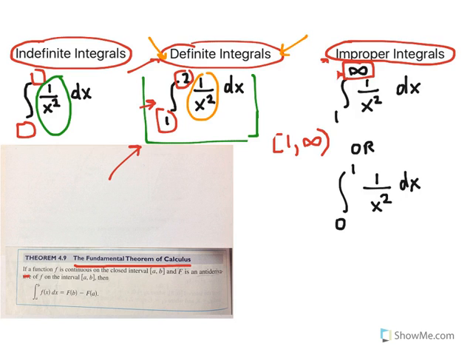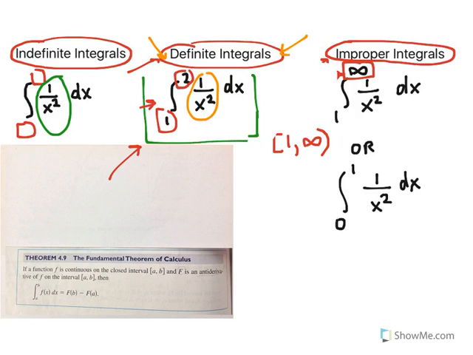It says if a function f is continuous on the closed interval from a to b, and uppercase F is an antiderivative of the integrand on the closed interval from a to b, then the definite integral of f of x dx from a to b is equal to the antiderivative of the integrand evaluated at the upper and lower limits of integration and then subtracting.